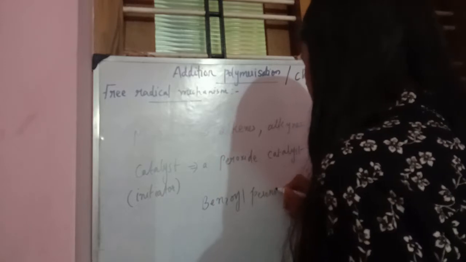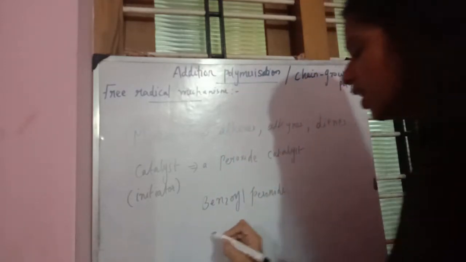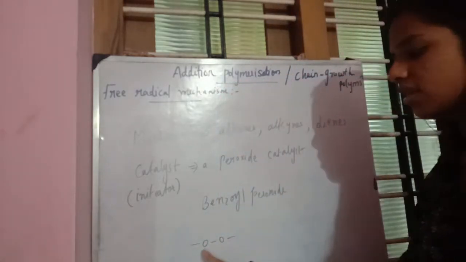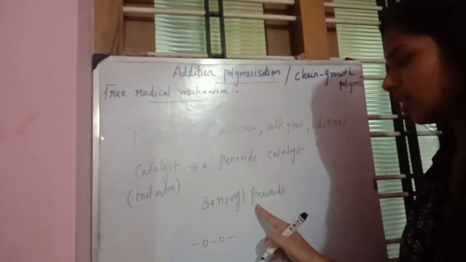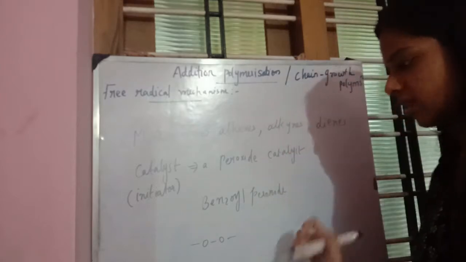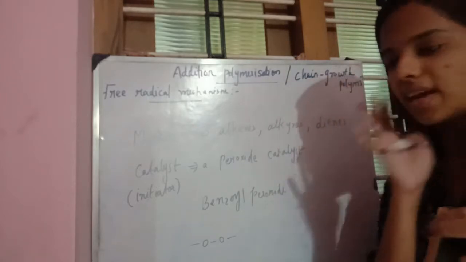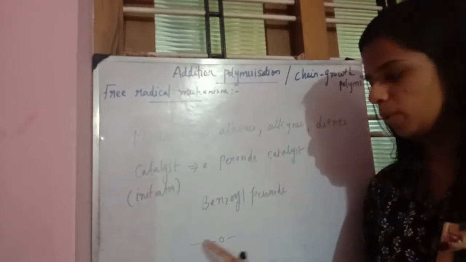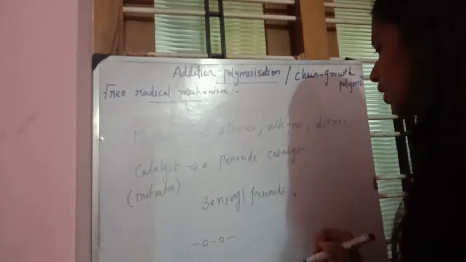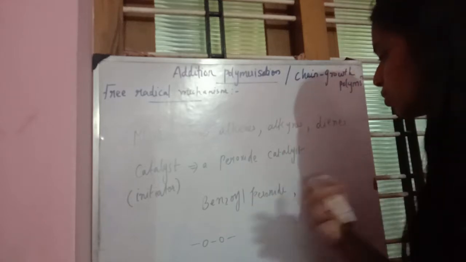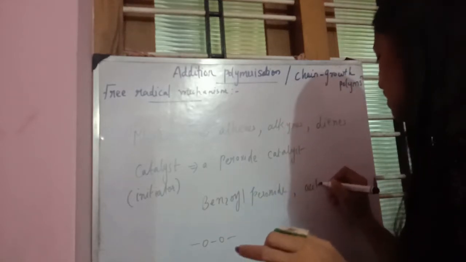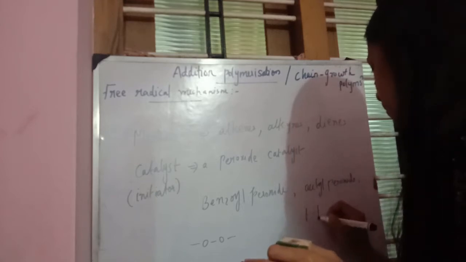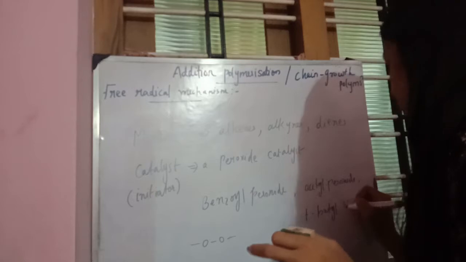See, the word peroxide means it should contain an O-O bond. This oxygen-oxygen linkage is present in every peroxide. So if you hear the word peroxide, you have to remember there should be an O-O bond like this. And also, here we are using benzoyl peroxide, but you can use any peroxide like acetyl peroxide or tertiary butyl peroxide.